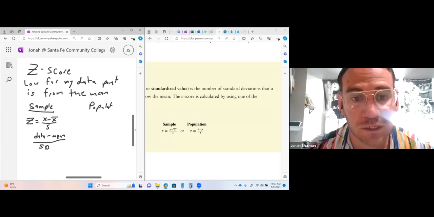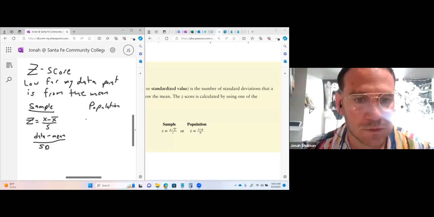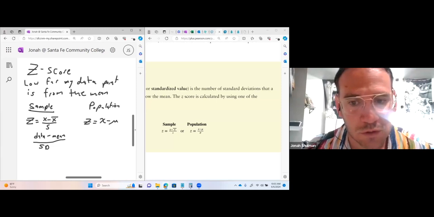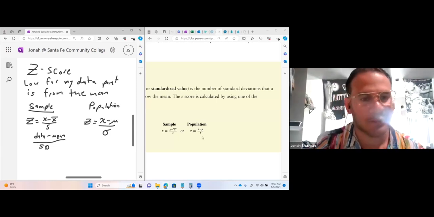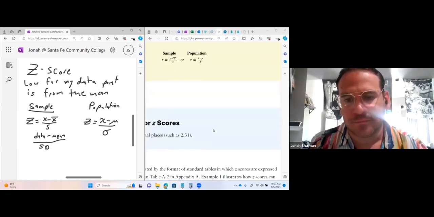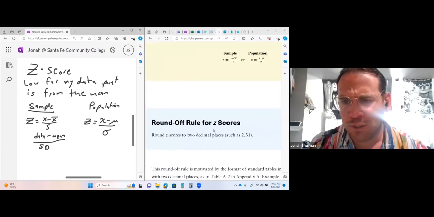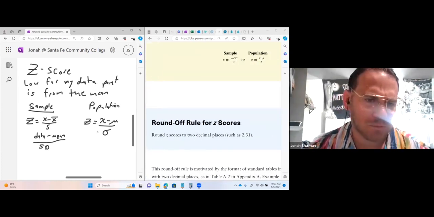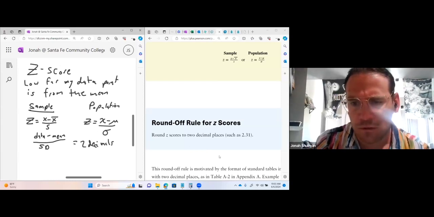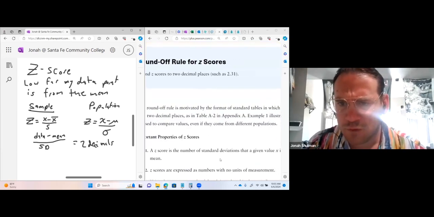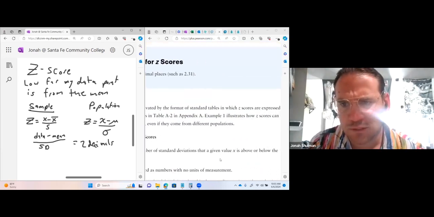They just use different notation, but it's still a z. So it's x minus mu over the standard deviation. Same thing. And we go two decimals. The rounding is motivated by the format of the z-score table.